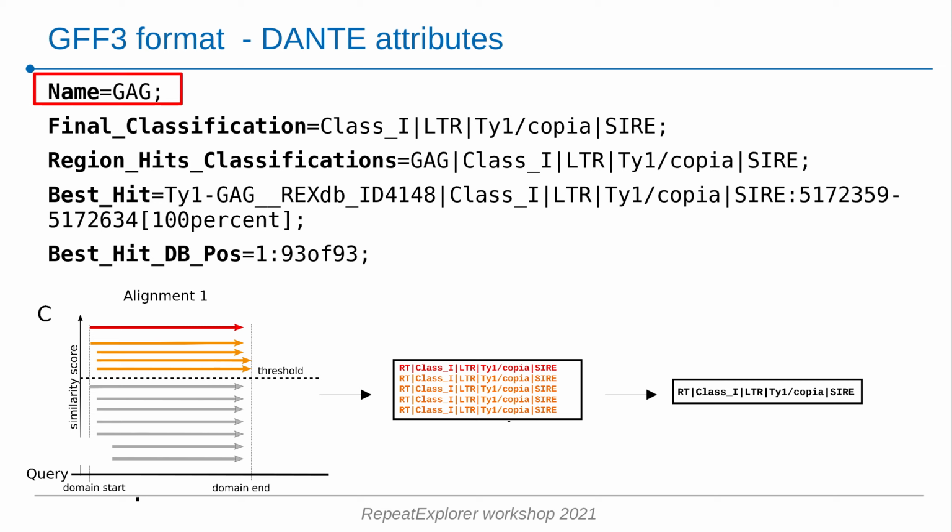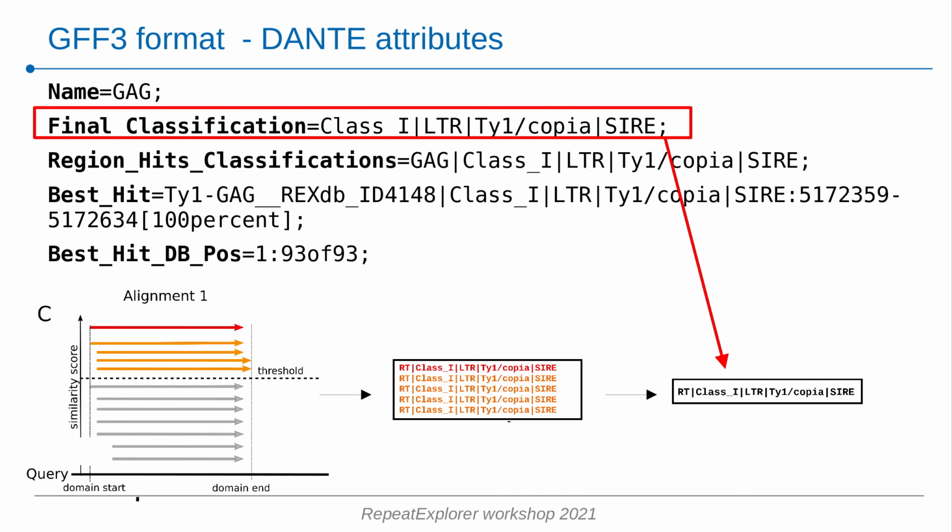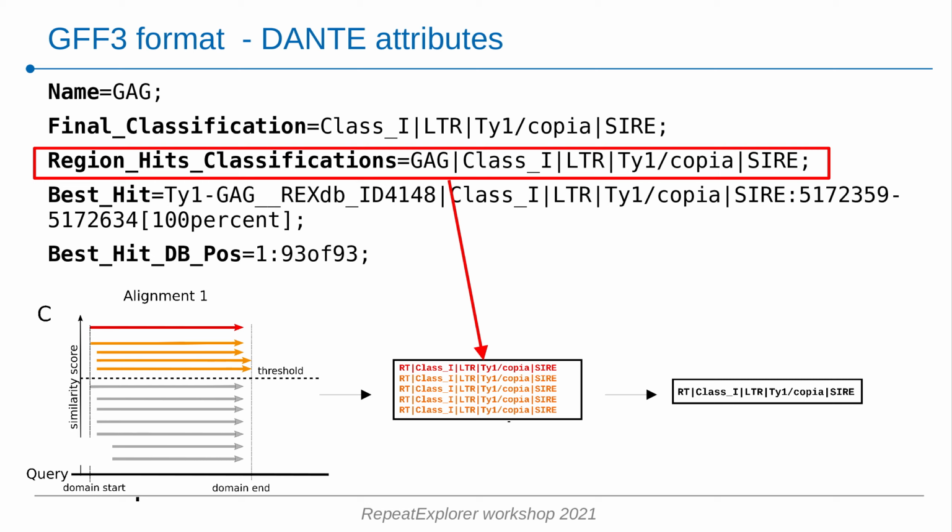The type of the detected protein domain is in the name attribute. In this case, it's a GEC protein. Then the final classification attribute contains a resulting annotation created by a reconciliation of all hits to the RexDB database which were above the threshold.